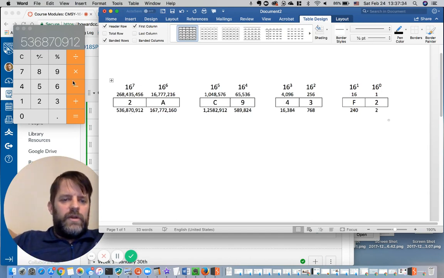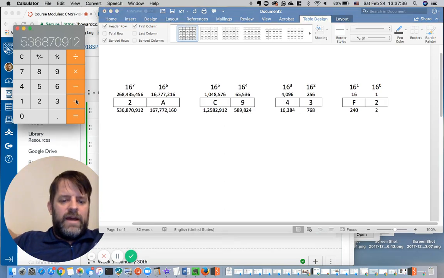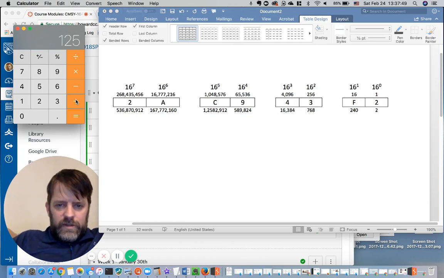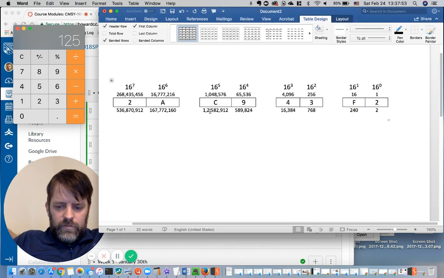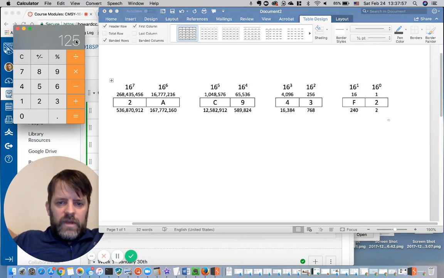Okay, so I go to my calculator. I add 167,772,160. I add again 1,200,000. Oh, sorry, that's actually not 1 million. That's 12 million. See, I have the comma in the wrong place. So it's 12,582,912.